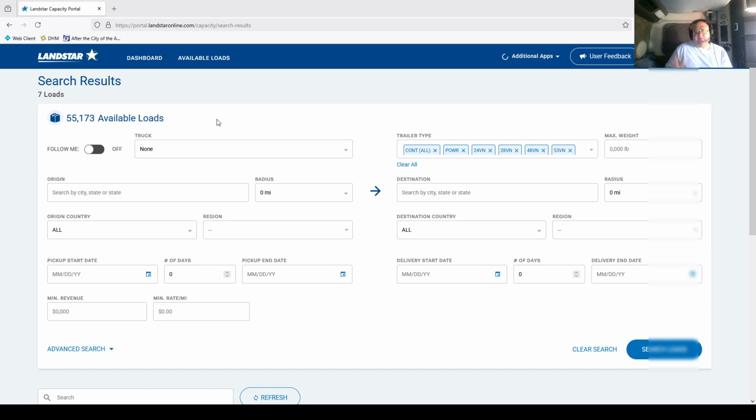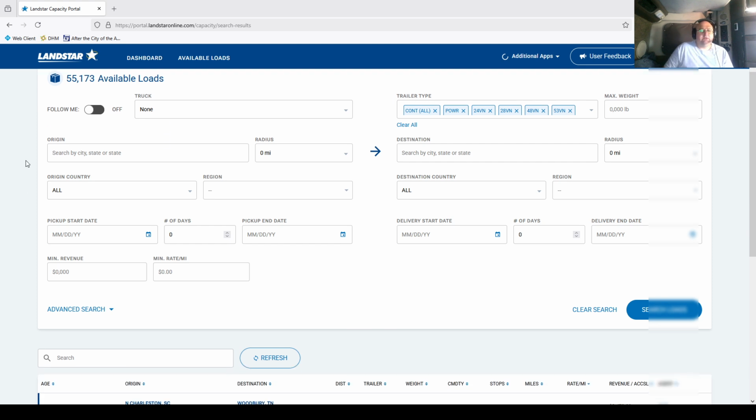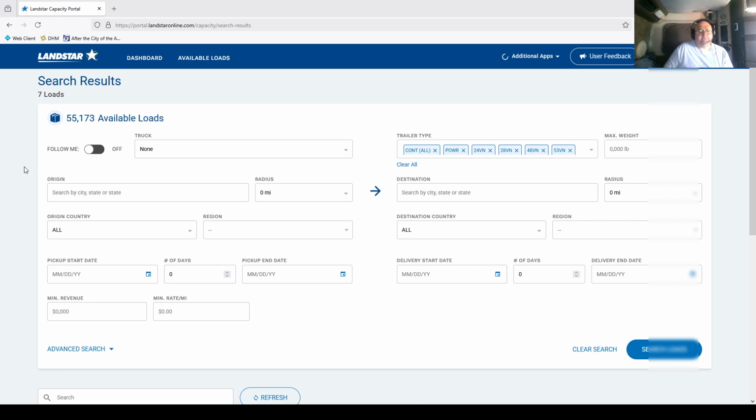If you're flatbed or reefer or container or anything like that, if you're anything except dry van, Landstar is probably not the place you want to be. There are some loads out there, but yeah, you're probably not going to enjoy Landstar if you're not a dry van driver.